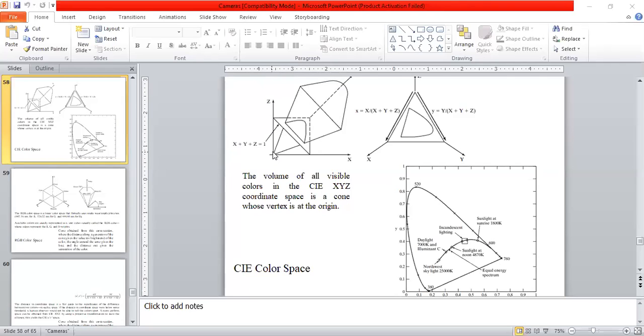Now we are going to take a plane, x plus y plus z equal to 1.